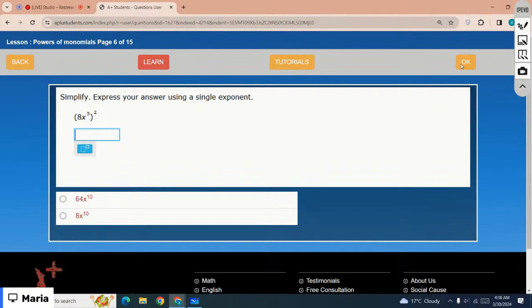The correct option is, yes, that is option number 1, 64x10 is the correct option. Very good.